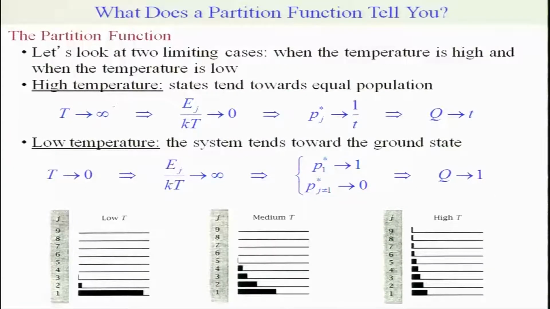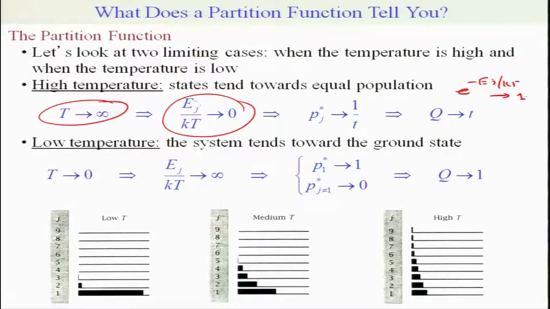If you consider the high temperature, of course, all of the Boltzmann factors e to the power minus E_j by kT go to 1, and in that case q goes to t, because q is the sum of these factors, and this is going to be t.